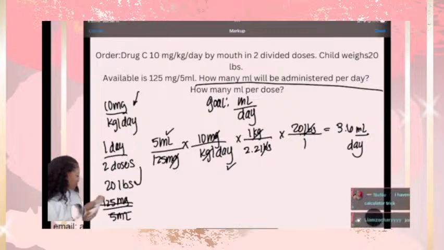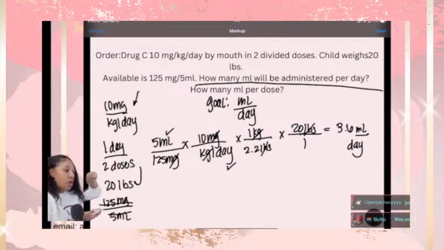I haven't learned a calculator. Okay. So look, everything on the top is going to be multiplied.